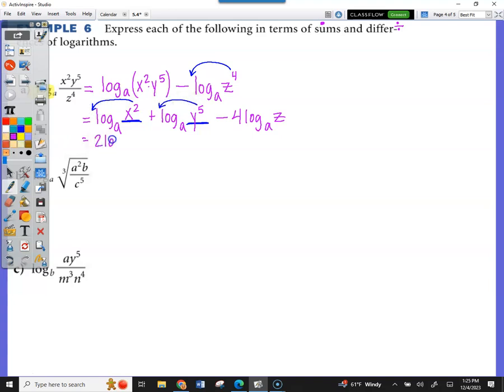So 2 log base a of x plus 5 log base a of y minus 4 log base a of z. That is the single logarithm expressed as 3 individual logs.